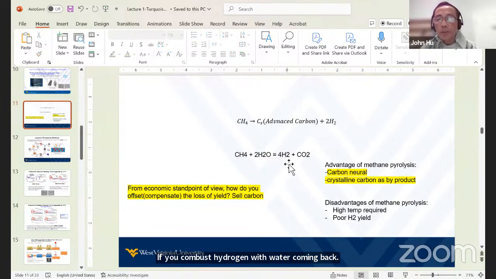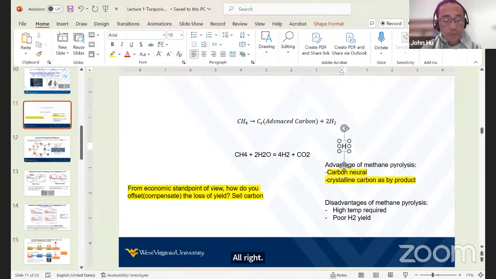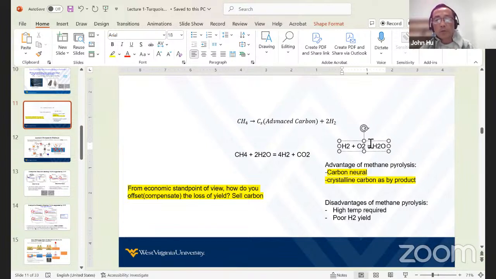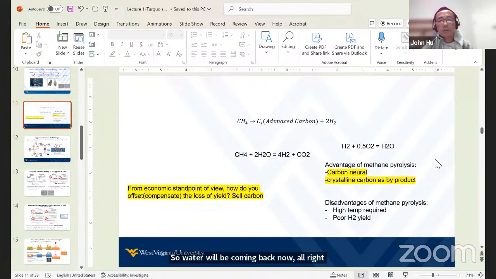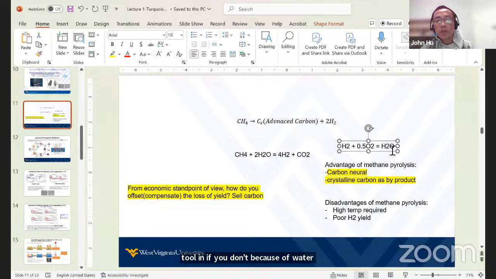Some hydrogen will be combusted, all right? So water will be coming back. True, because of clean water, you have to do the membrane treatment, but the water will be recycled.